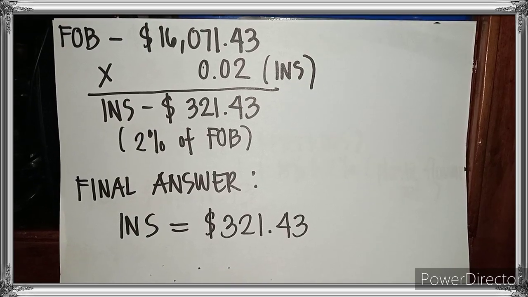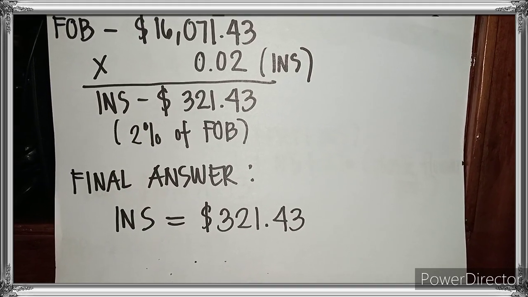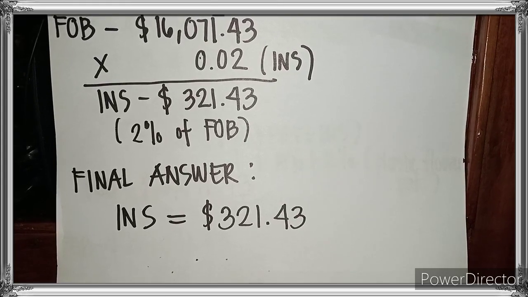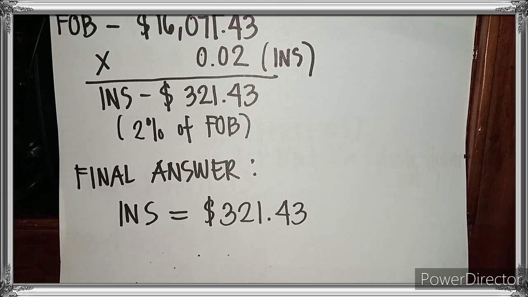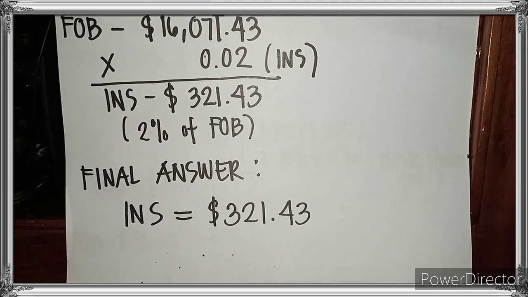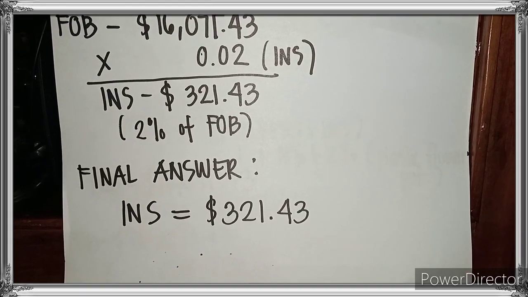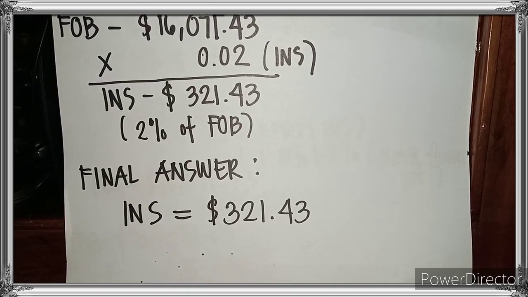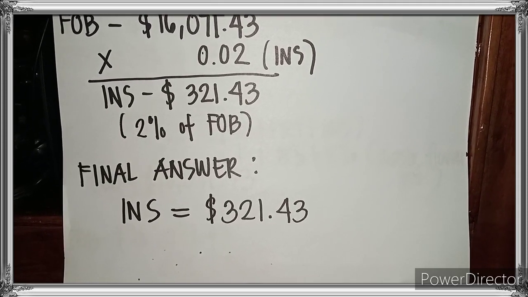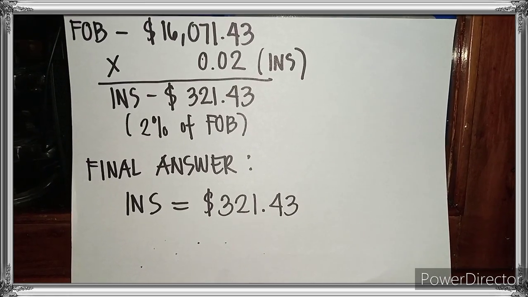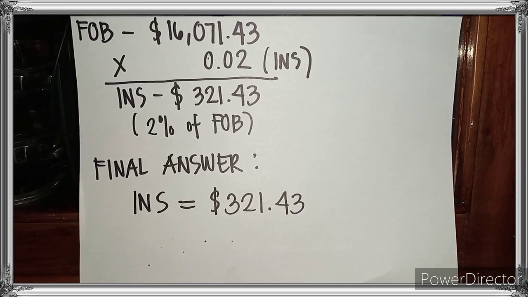So we have an insurance amount of $321.43, which is the 2% of FOB. So now we have the final answer with an insurance value of $321.43. This is our last problem and our last solution.